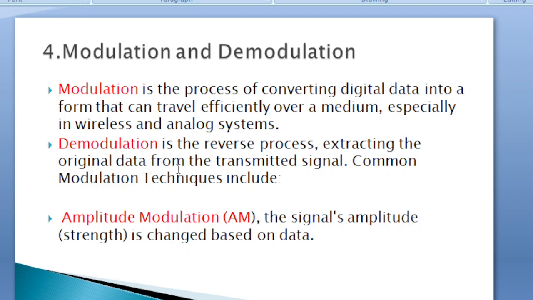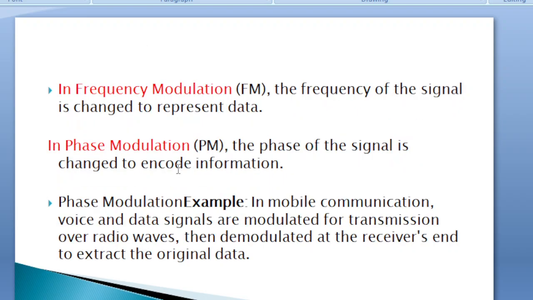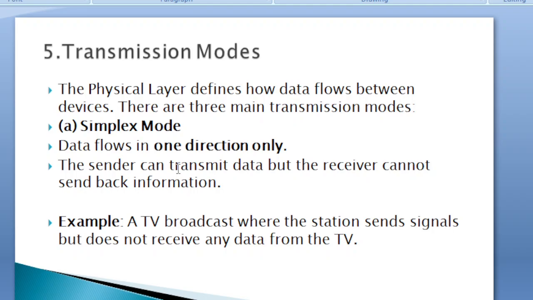That is, in demodulation, the data is extracted from the transmitted signal. The modulation techniques are amplitude modulation, frequency modulation, phase modulation, and these are all the functions we discuss.